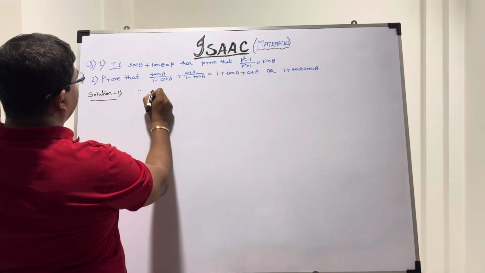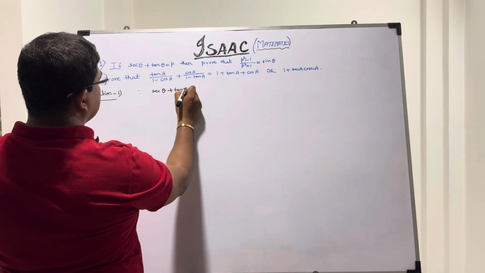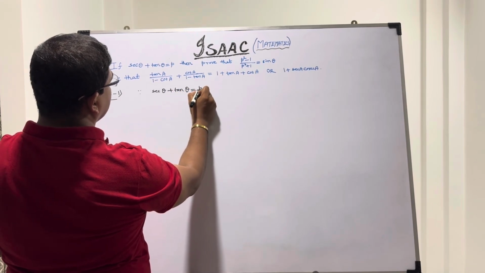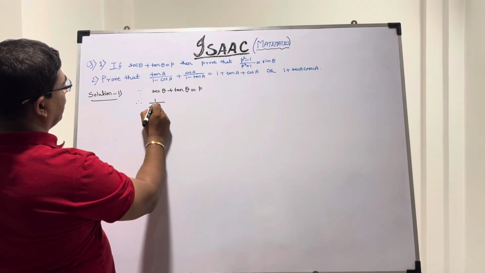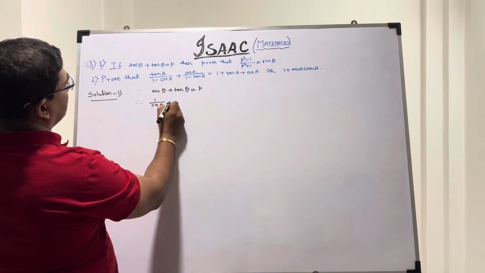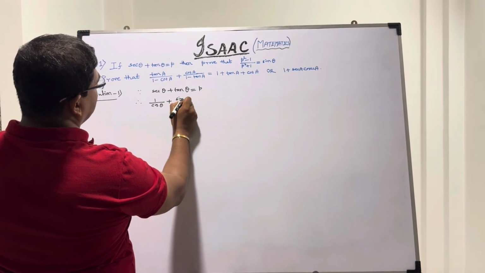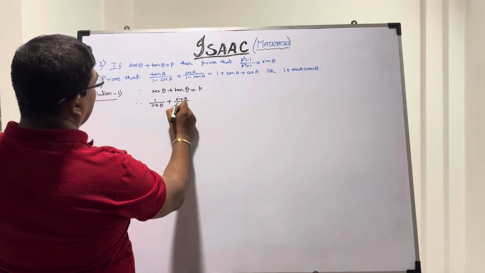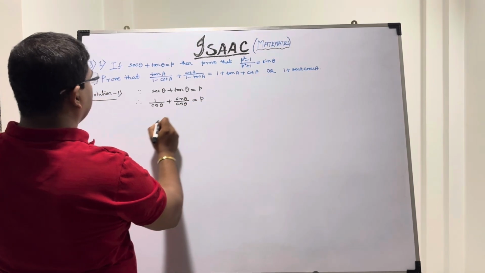Here we have sec theta plus tan theta equals p. So we can write the reciprocal form of sec theta, that is 1 by cos theta, and tan theta in terms of sin theta and cos theta, that is tan theta equals sin theta by cos theta.